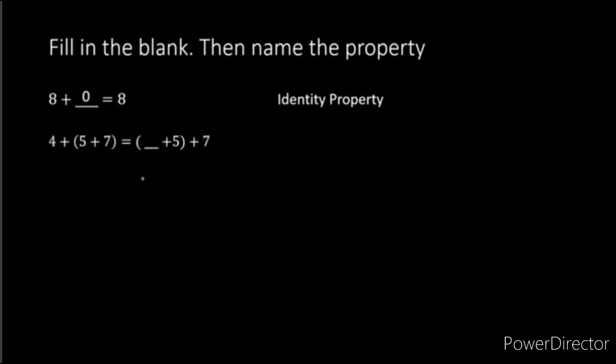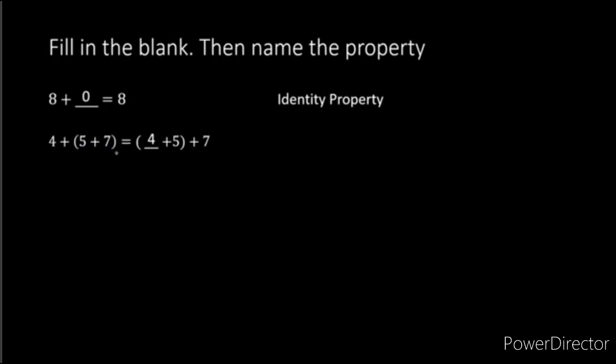Our second question, here we see 4 plus, and then parentheses around 5 plus 7. Over here we have a blank plus 5 in the parentheses, and then plus 7 on the outside. In the blank, notice the number that is missing on the right side is the number 4. We need the number 4 to match up with what we have on the left side.